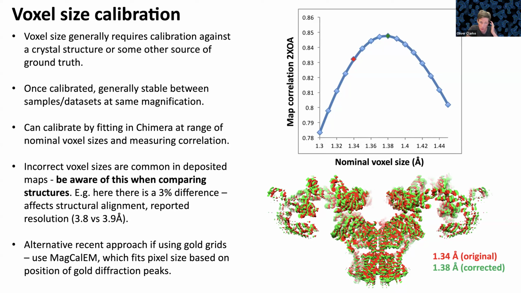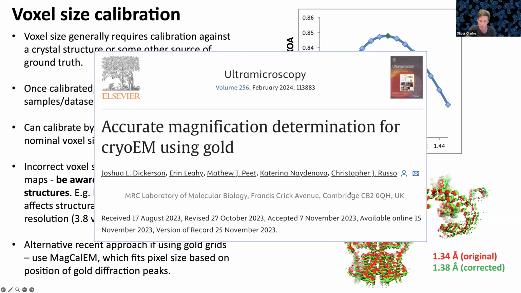There's an alternative approach, which can be great if you're using gold grids, called cryoEM, which fits the pixel size based on the position of diffraction peaks from the gold. I think that's a really useful approach as well.